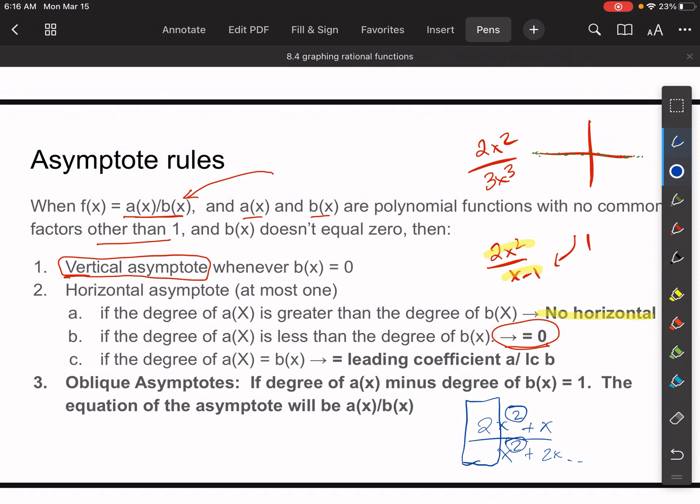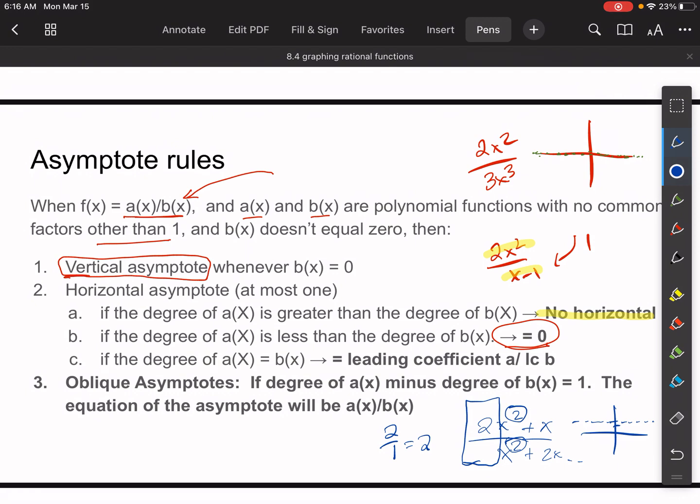In this case that would be 2 over 1, which is equal to 2. So I would have a horizontal asymptote at 2, right in there.